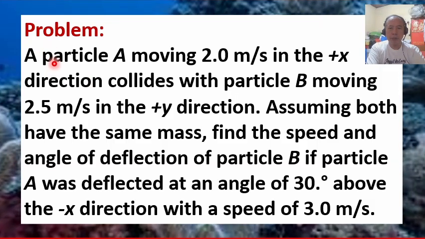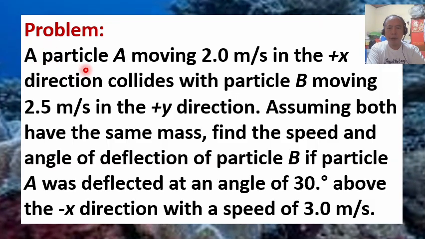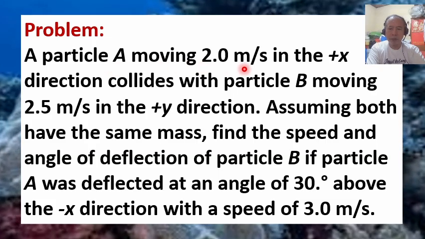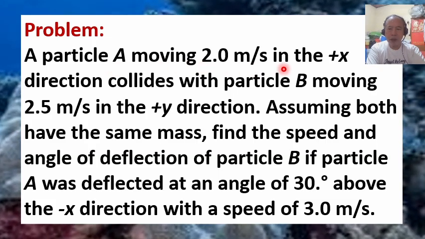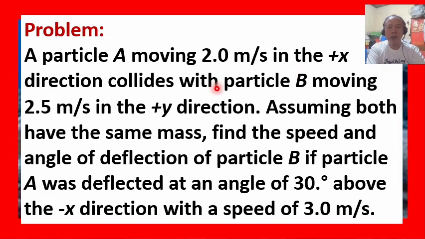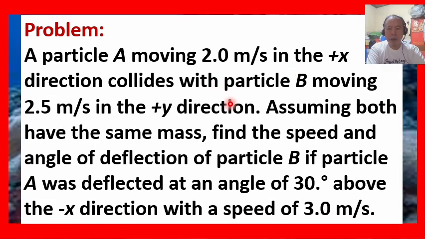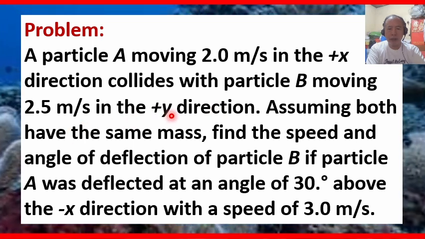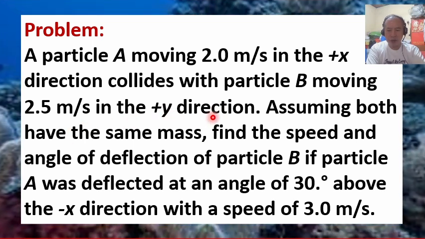This is the problem. A particle A moving 2.0 meters per second in the positive x direction collides with particle B moving 2.5 meters per second in the positive y direction.